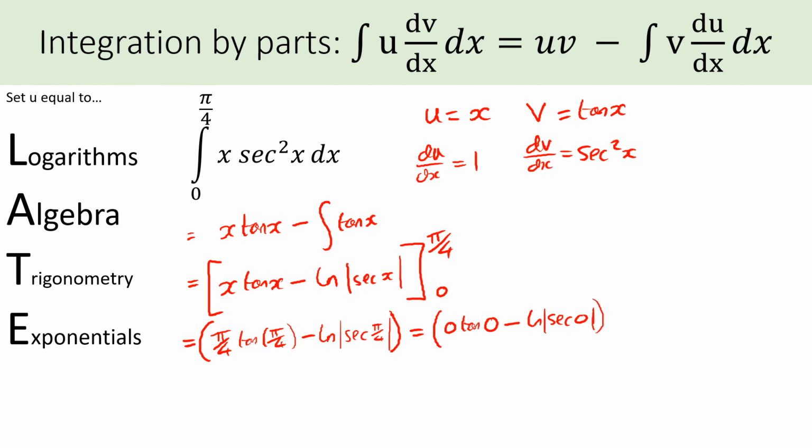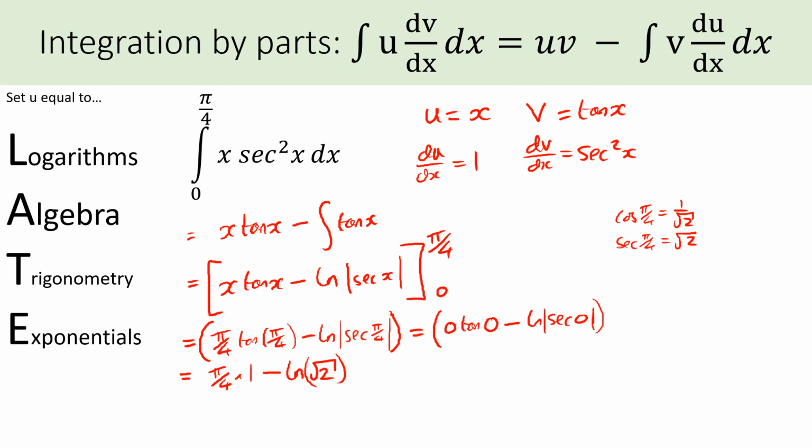Now you could at this stage type that all into your calculator, but let's do a little bit more if we can. This is going to be pi over 4 times 1, because that's what tan of pi over 4 is. Take away ln of sec of pi over 4. Now, that's 1 over cos pi over 4. So if cos pi over 4 is 1 over root 2, then sec of pi over 4 is just root 2. So this is ln of root 2.